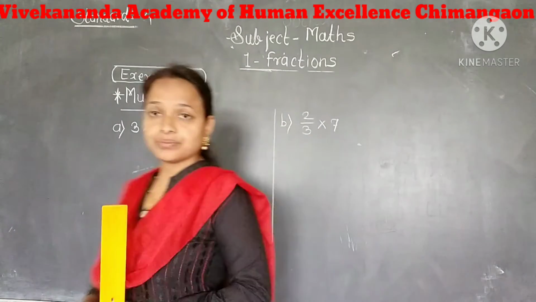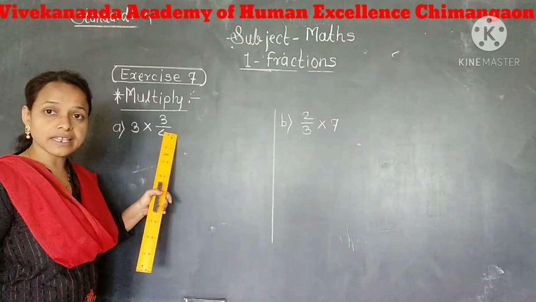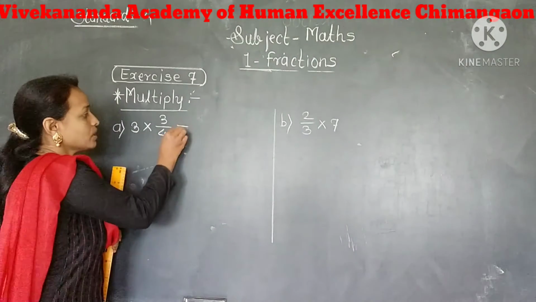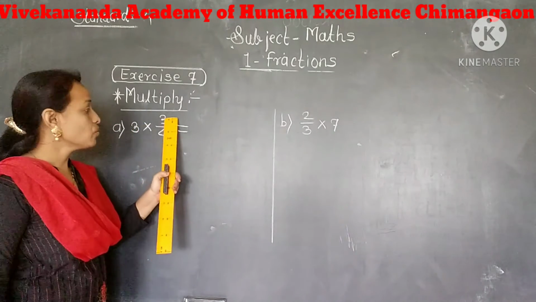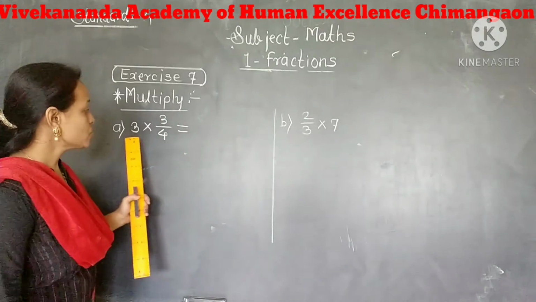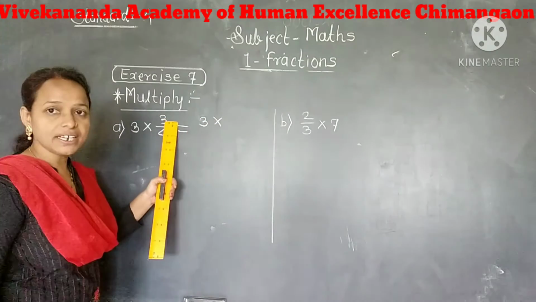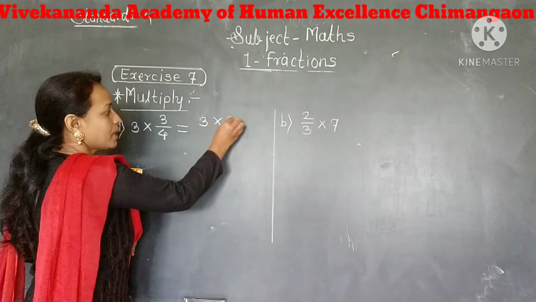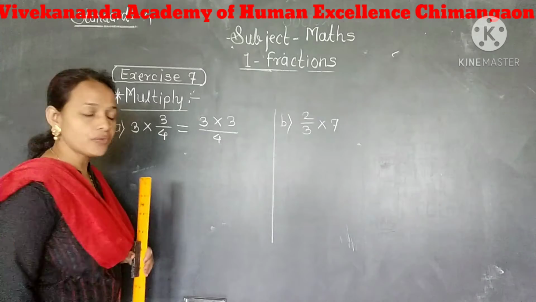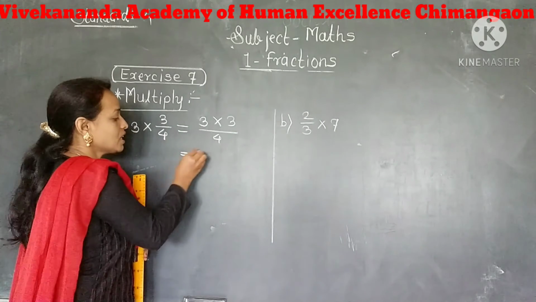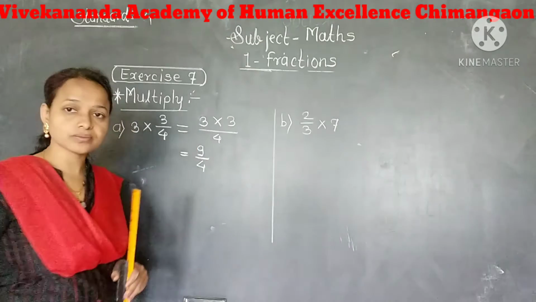We have learned whole number multiplied with the numerator. Here the whole number is 3 and the numerator is 3. So 3 multiplied by 3, upon the denominator of the fraction. 3 threes are 9 upon 4.